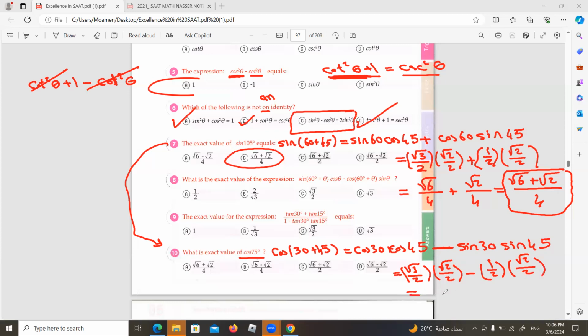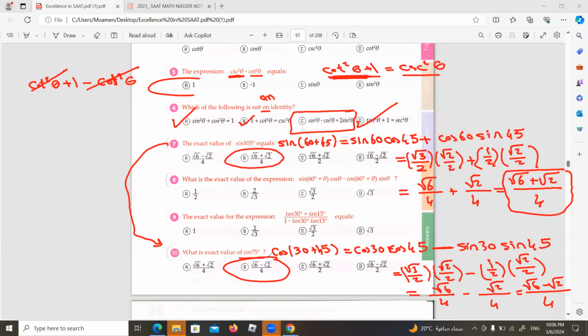Multiply: 2 times 2 is 4, and root 3 times root 2 is root 6, minus root 2 over 4. It's the same numbers, but minus, not plus. So root 6 minus root 2 over 4. Letter B also.